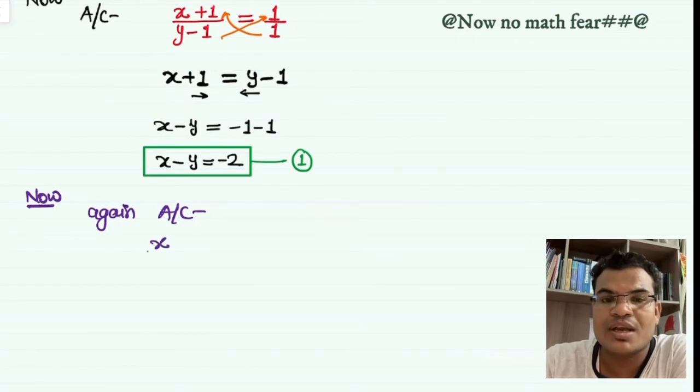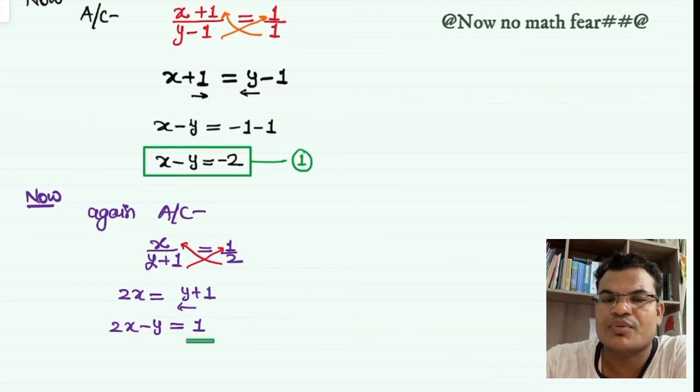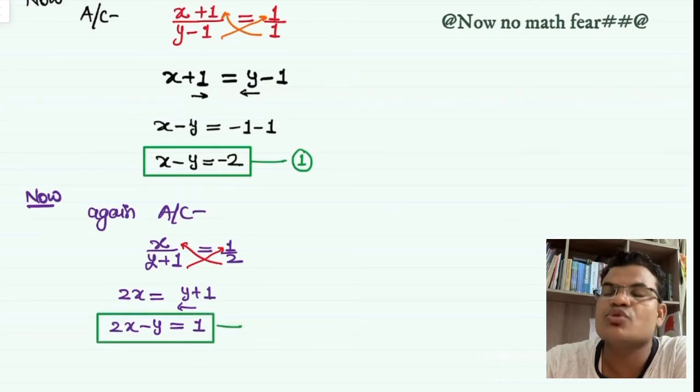So x upon y is my fraction, I add 1 in the denominator with no change in the numerator, and it will be equal to 1 by 2. Now cross multiply: 2 goes to the x, so it becomes 2x equal to y plus 1, into 1, that is only y plus 1. So 2x equals y plus 1. Now this y will go to the left-hand side, so 2x minus y is equal to 1. This will be your equation number 2.